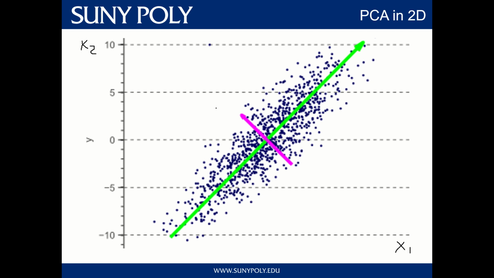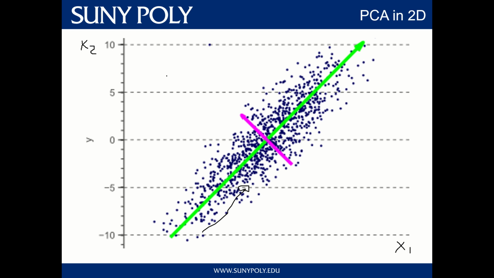Now, an important feature of the principal components is that they are independent. Maybe someone will think, okay, if I create this one, I can also create another line here that is in the same direction. But the problem with this line or this vector is that it's not independent from the green one.